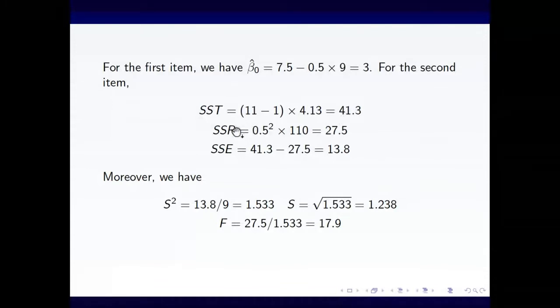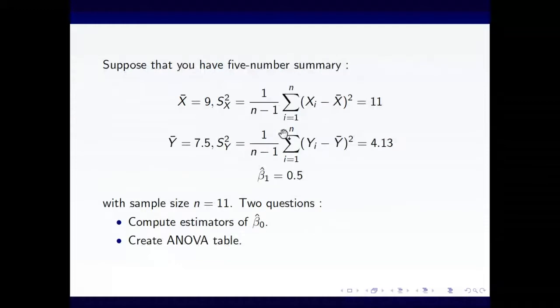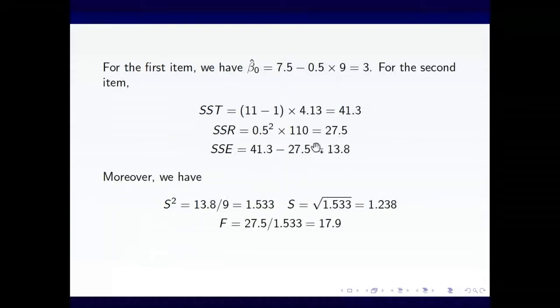And the SSR is 0.5 squared, which is beta 1 hat squared, times 10 times the sample variance of x, which is 11. So that gives 27.5.